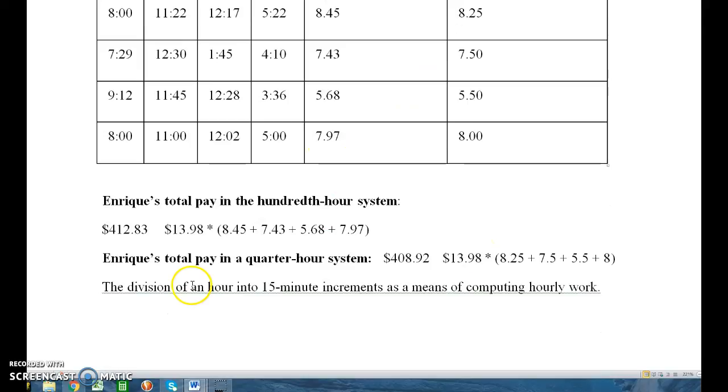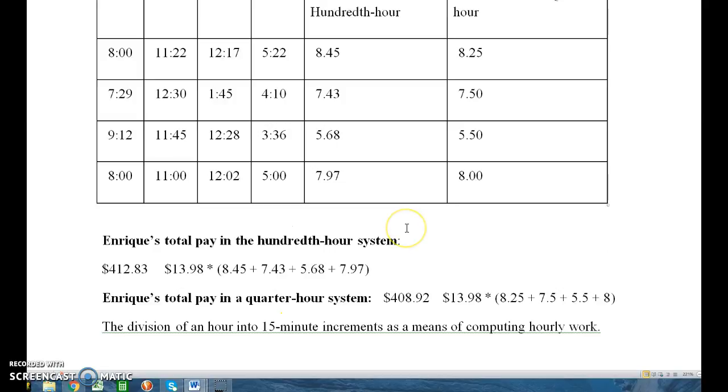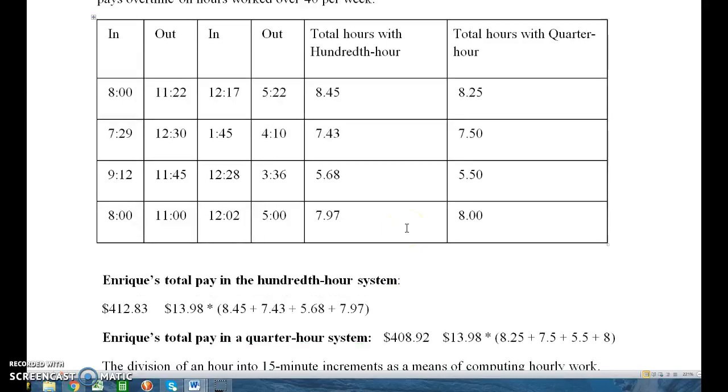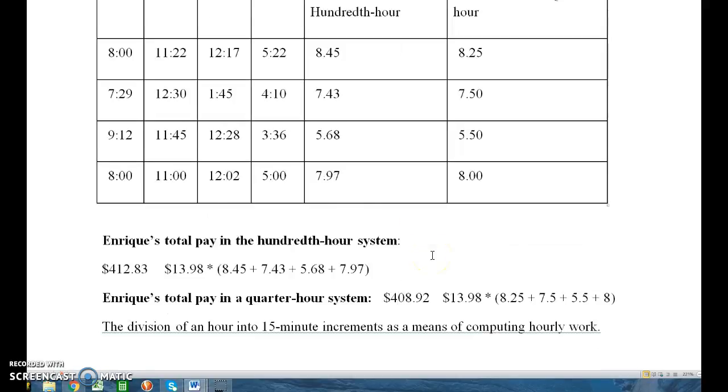Remember, the division of an hour into 15-minute increments is a means of computing the hourly work. So once again, this is a great example. The 100th hour system is a little bit more exact than the quarter hour. Most employers that I've worked with have utilized the quarter hour in regards to gross wages.